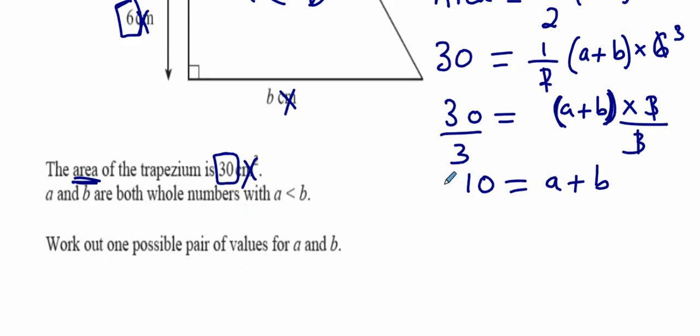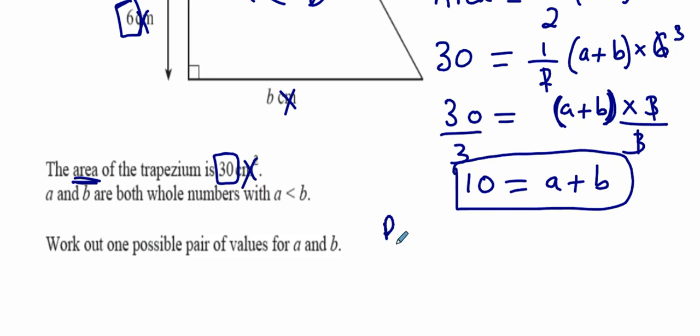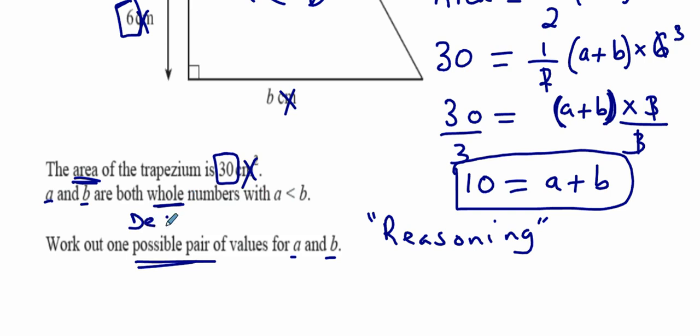Now, how do we do reasoning? To find the possible pair of values for A and B, we need to do reasoning. It is known that A and B are both whole numbers. That means not decimals.